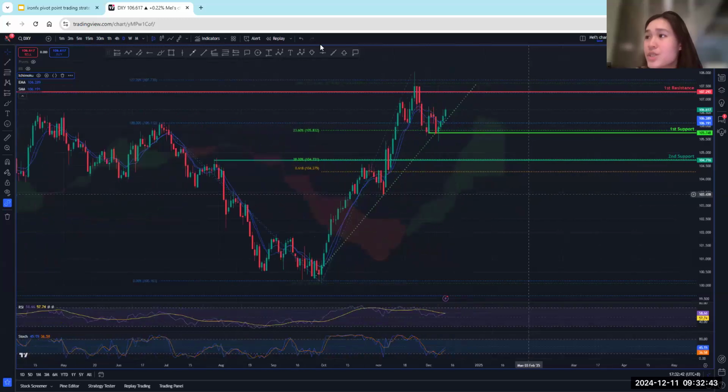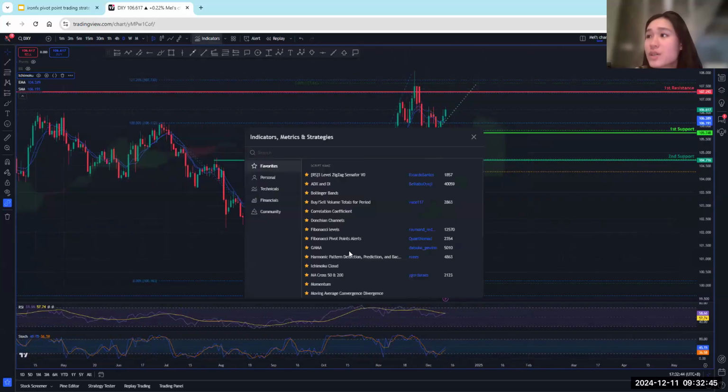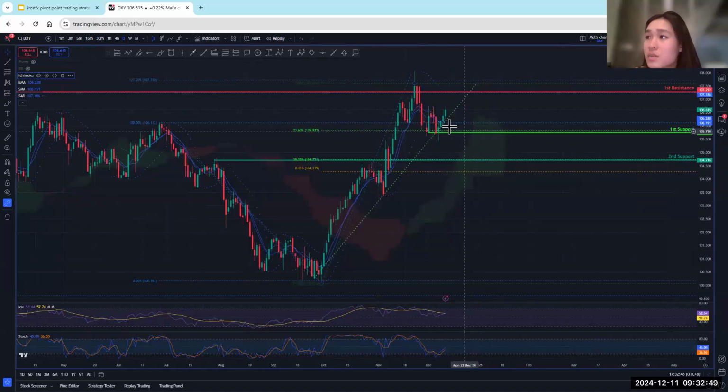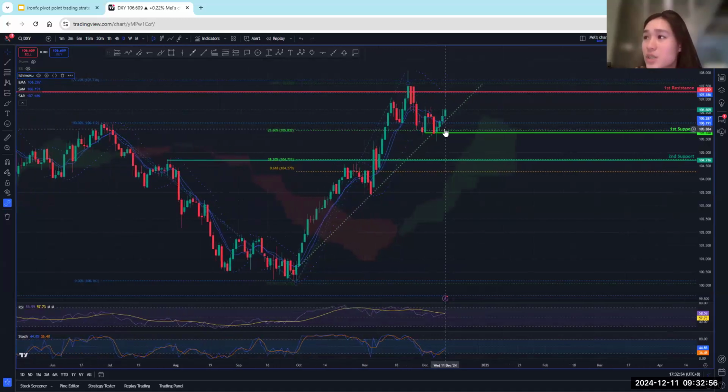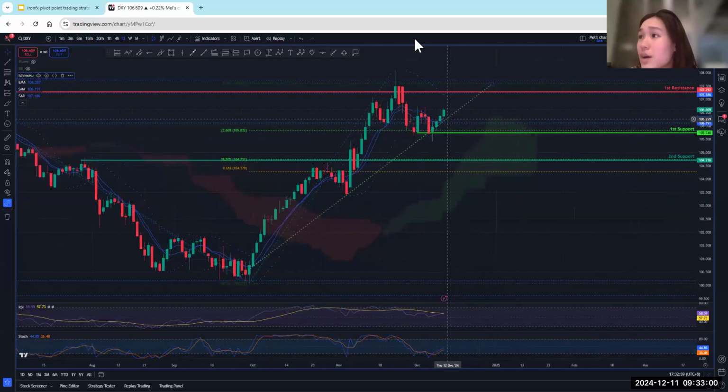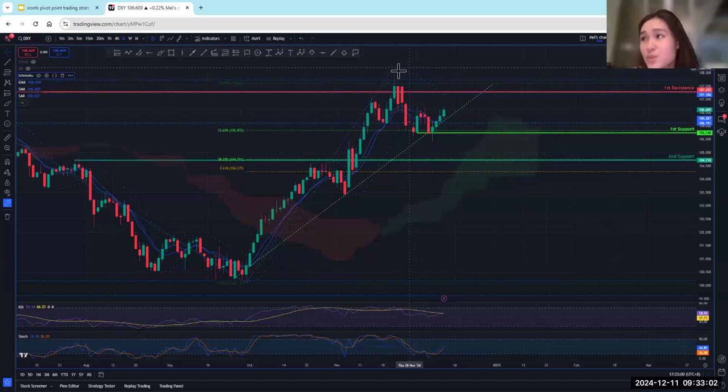Okay, so you can see prices recently crossed over both of the moving averages. So that's also giving us a bullish signal. However, on our parabolic SAR, you can see prices moving below that. So that doesn't support our analysis.